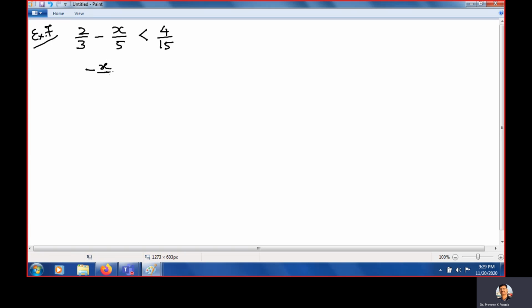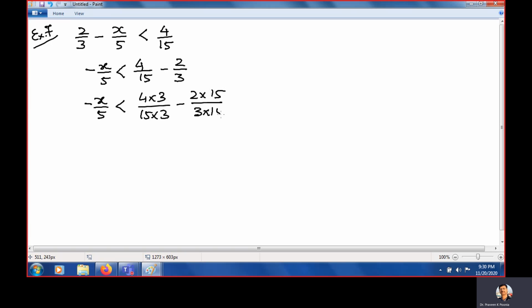It is minus x upon 5 less than 4 upon 15 minus 2 upon 3. And if you see how to solve the fractions, I told you to multiply by 3 here. 4 times 3, 15 times 3, minus multiply by 15 here, 2 times 15 upon 3 times 15.